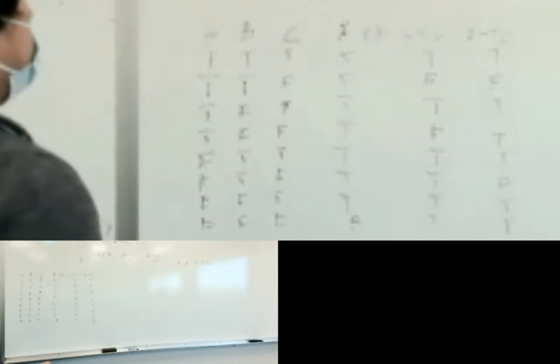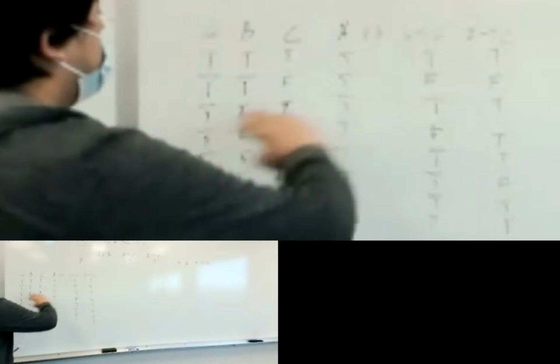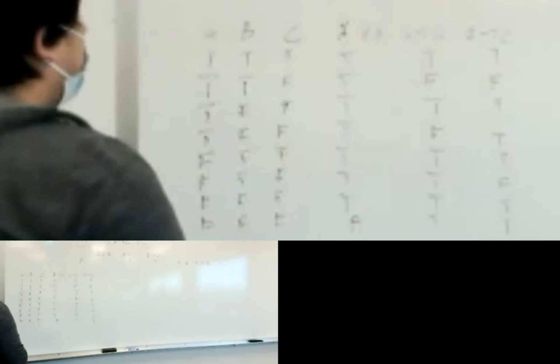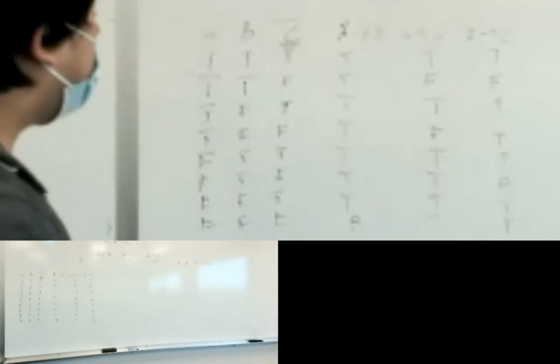There we go. Now, as we can see, for an argument to be valid, every premise should be true, and then its conclusion C should be true.